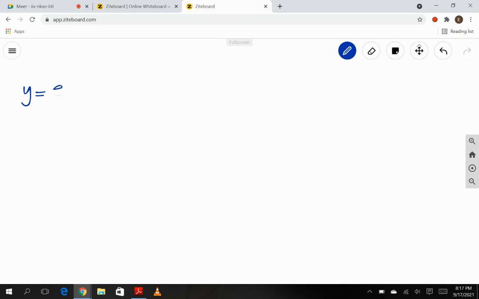Can someone tell me what the derivative of this would be, and what the derivative of the second one would be? Anyone, just speak up and give us the answer.